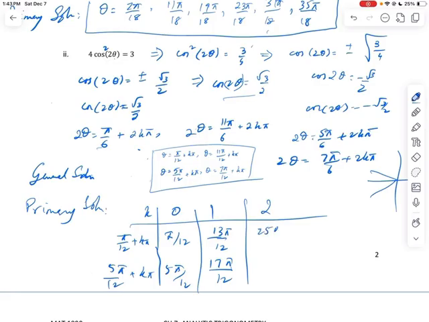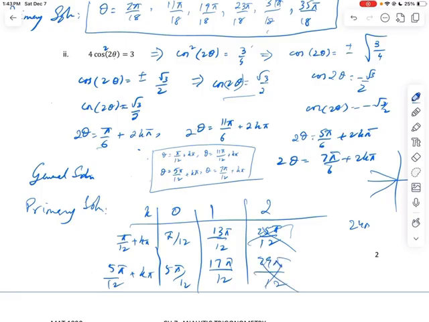You can see this is more than 2 pi, because 24 pi over 12 would be exactly 2 pi. So we discard this. Check the other one: you get 24 plus 5, which is 29 pi over 12, which is also not valid.